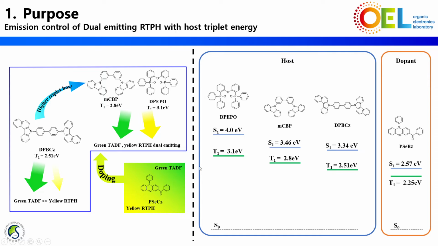So, for this research, three hosts and one dual emitting material are selected. Two hosts have 0.5 electronvolt higher triplet energy than the dopant, and the other one doesn't. The dual emitting material has a yellow emitting RTPH and a green emitting TADF.